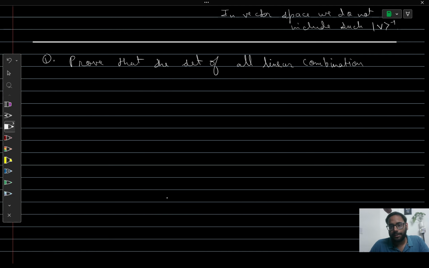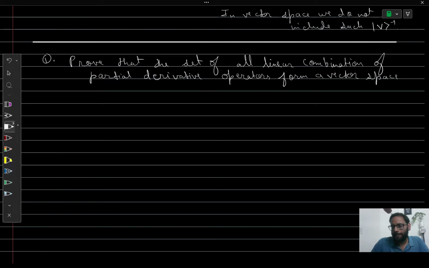So prove that the set of all linear combinations of partial derivative operators forms a vector space. Let's try to prove it.